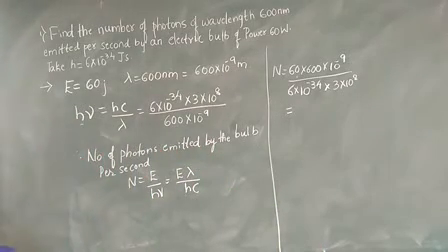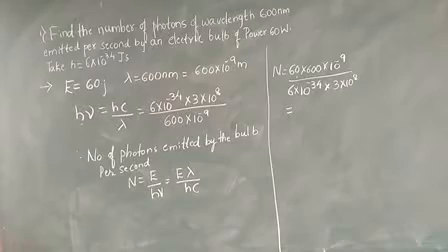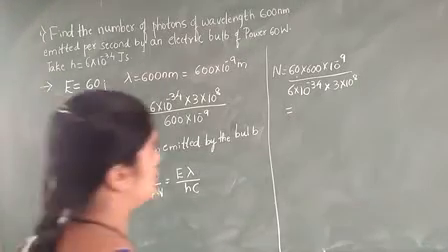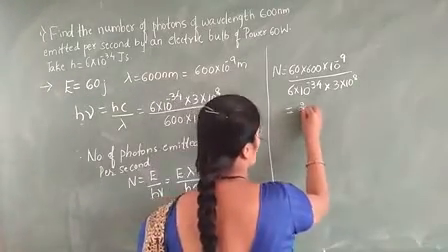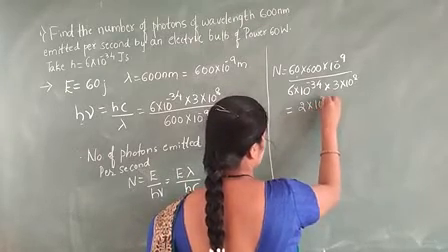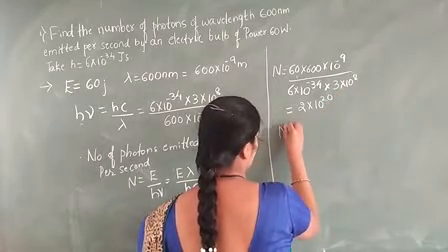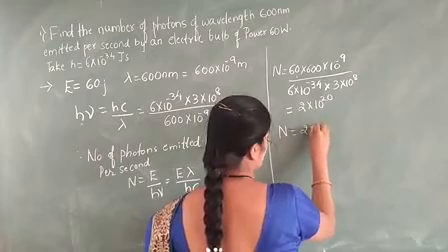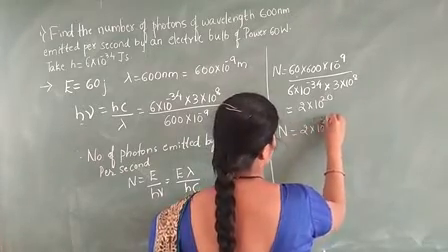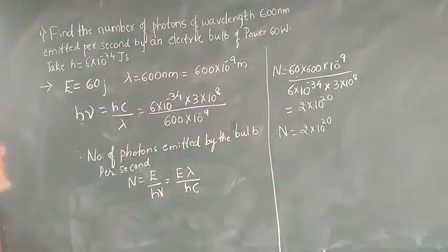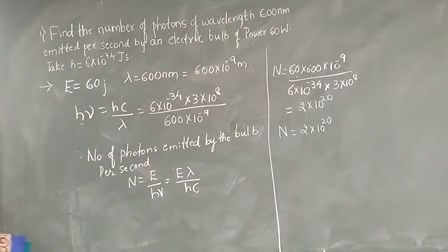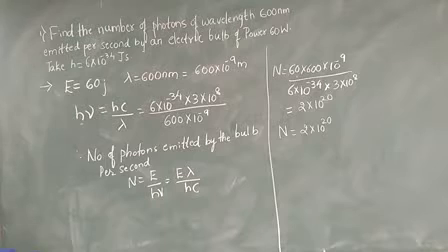Now the number of photons emitted per second, the value of N, we are getting the answer as 2 into 10 raised to 20. Therefore N is equal to 2 into 10 raised to 20. According to the question, we have to find the number of photons. Therefore, the number of photons is 2 into 10 raised to 20.